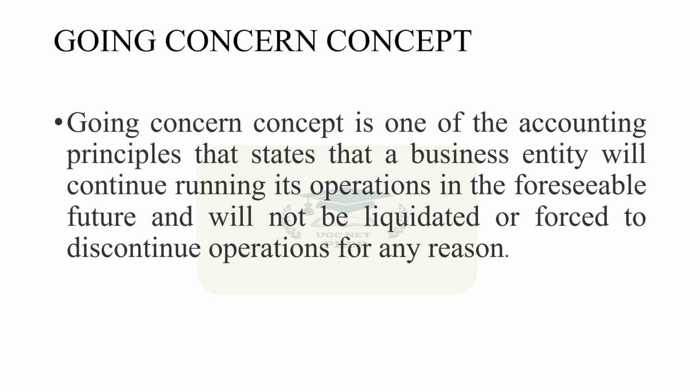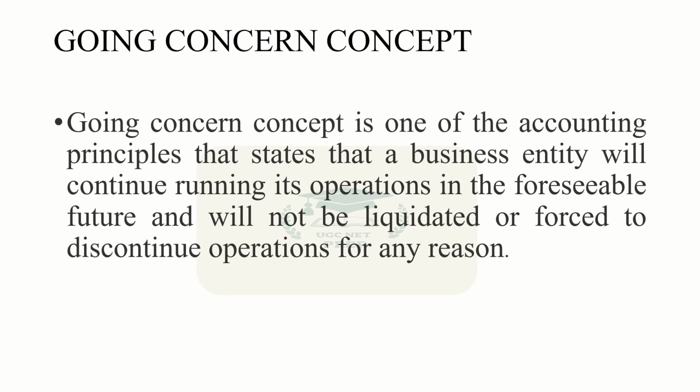Another one is the going concern concept. The going concern concept states that whenever an individual is running a business or has started a business, they always foresee that they will be running the business for a longer duration of time. They don't open a business claiming it will be open for 2 to 3 years.